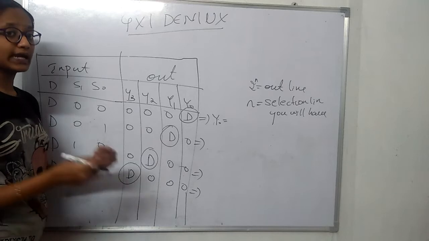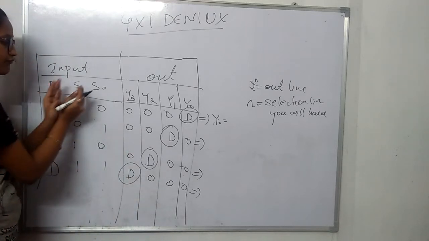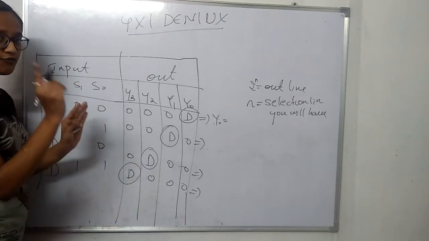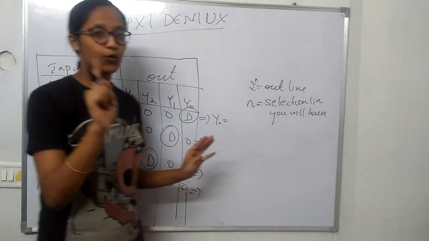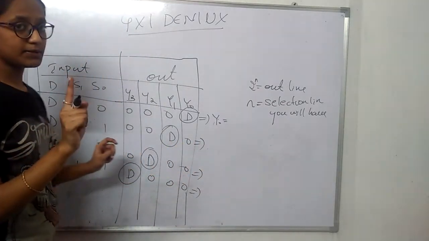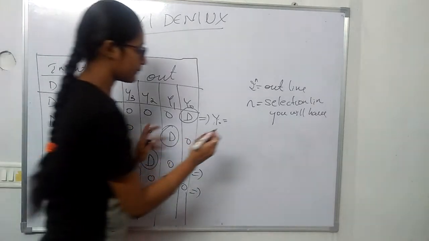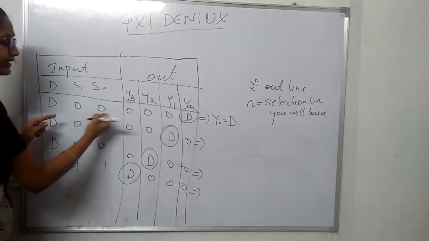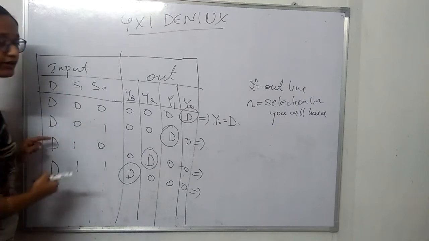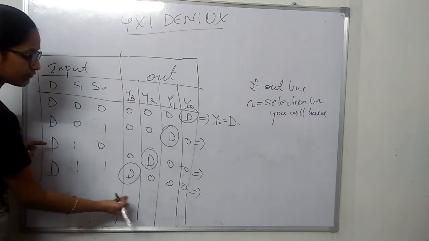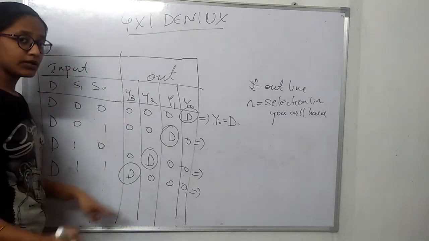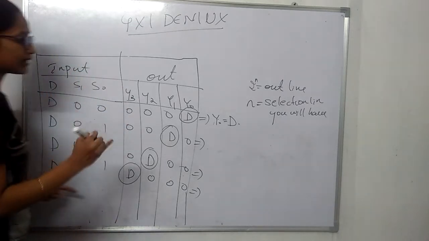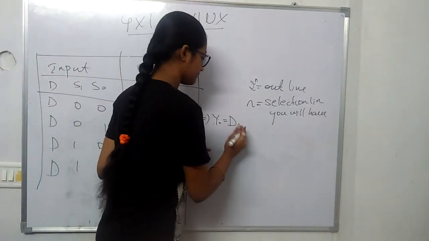But in order to get the information D, we make it 1 in the implementation only. Don't think that I am taking 1, 1 directly. If I take 1, 1, I will get the information at Y3. At the implementation, you will come to know how it is going on.